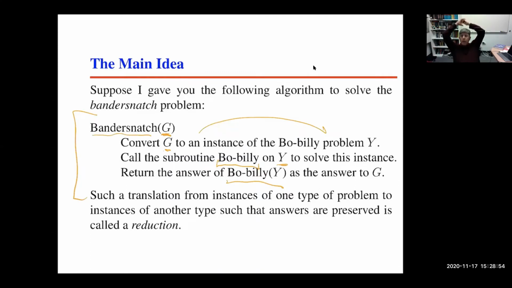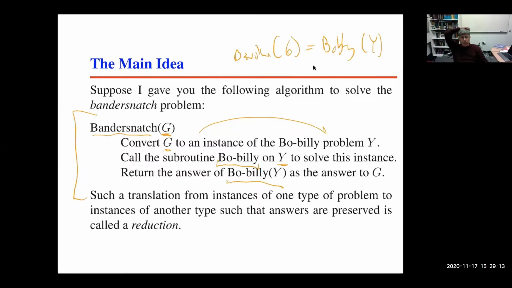Now, if we did this translation in a way that Bandersnatch of G always equals mobility of Y, then this is a correct answer, a correct algorithm.